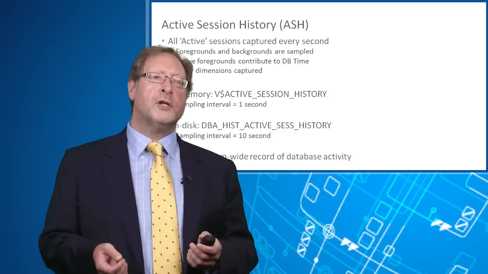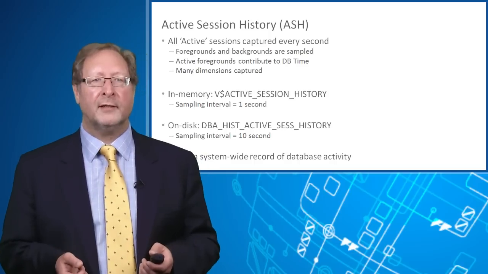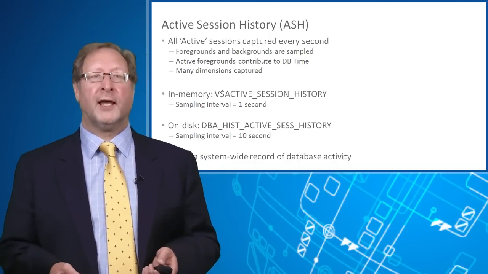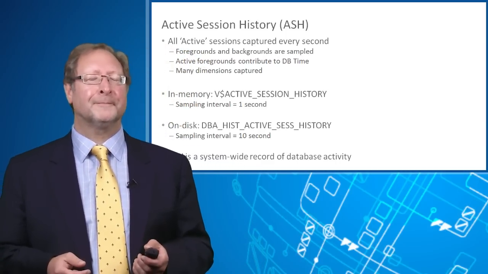Those numbers, the 1 second and 10 second, have worked very well for us since this has been available, which is pretty good, seeing as we came up with them by putting a finger in the air and thinking, yeah, that should probably work.